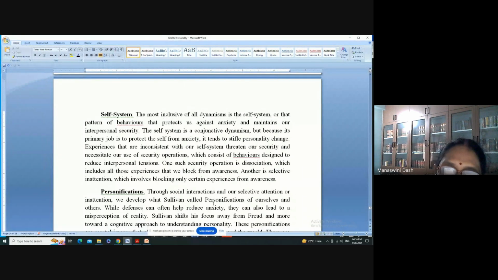So in the process of reducing anxiety, it contradicts personality change; we say it protects us from change in our personality.